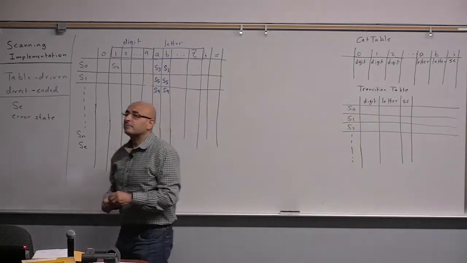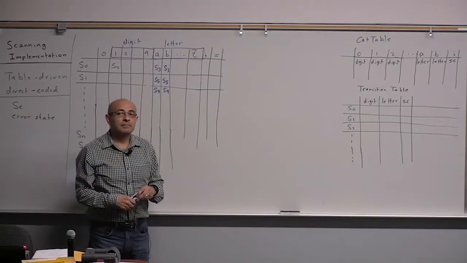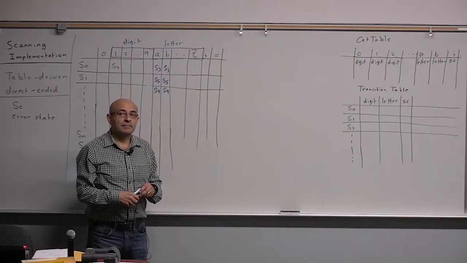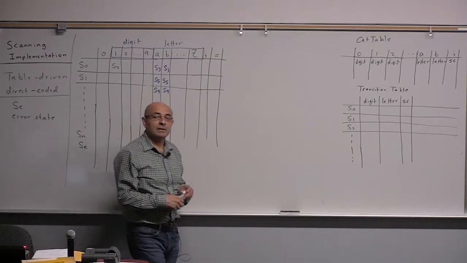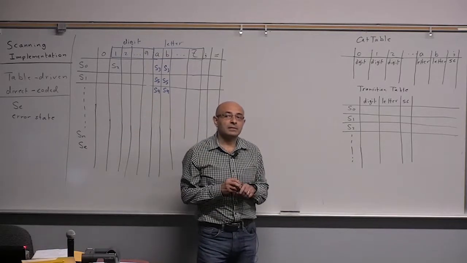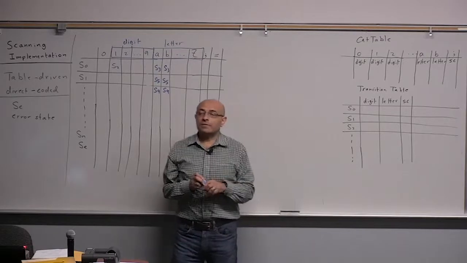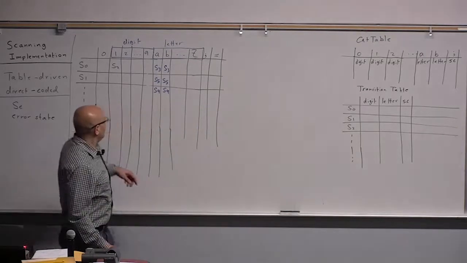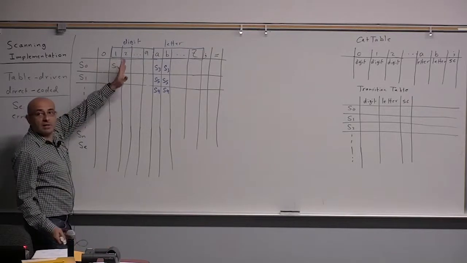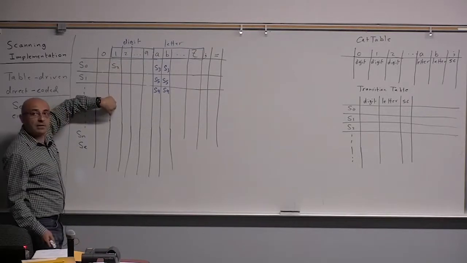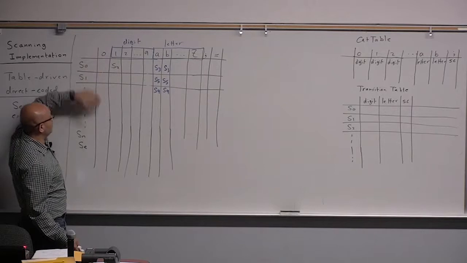Yes? What happens if we encounter a situation like, say, integers where we don't want leading zeros and it wants the, say, 0 but not the rest? Okay, so if the 0 has a different behavior, then the column for 0 will not match the columns for the other digits. So it will have different transitions.